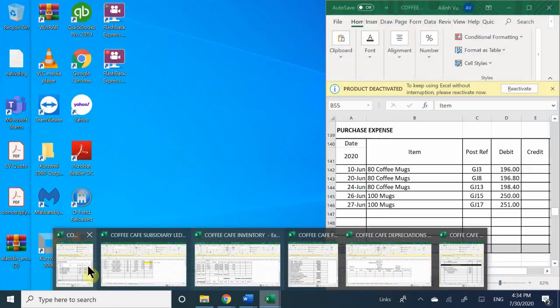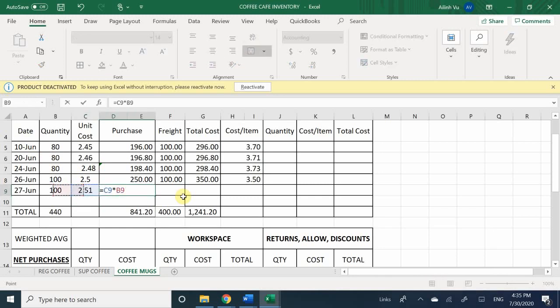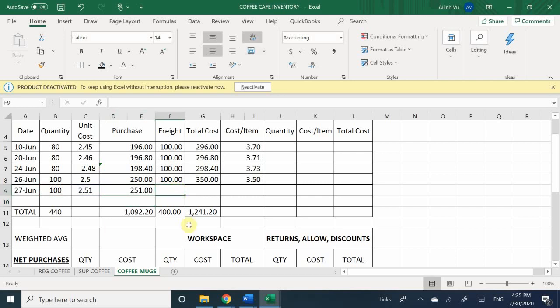My purchase expense for that last 100 mugs was $251. So $2.51 to give us a total of $251. We had freight for 100, therefore 350. Okay, so there you go.